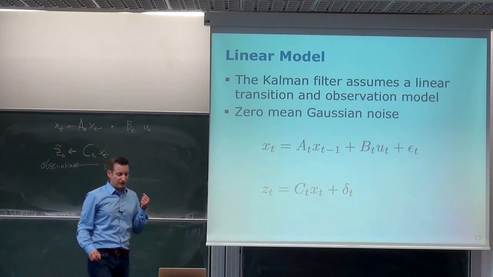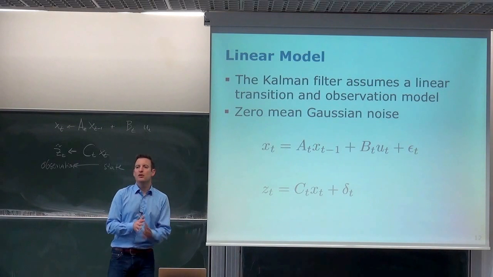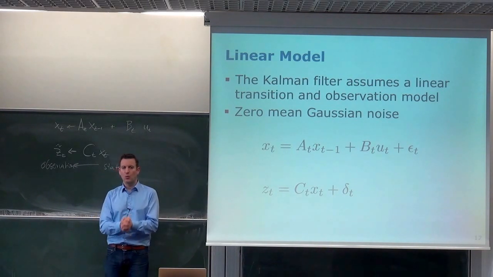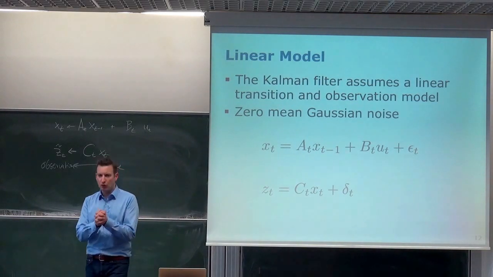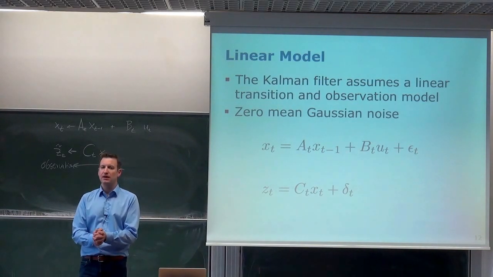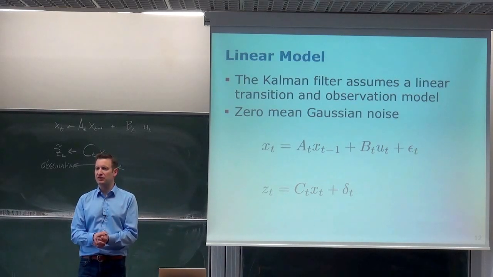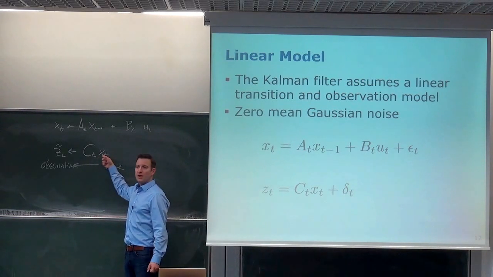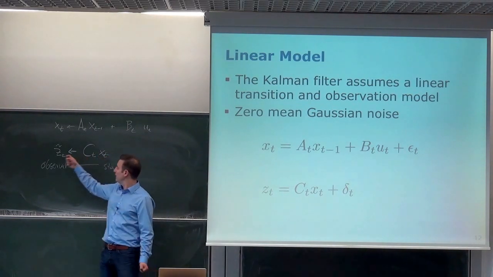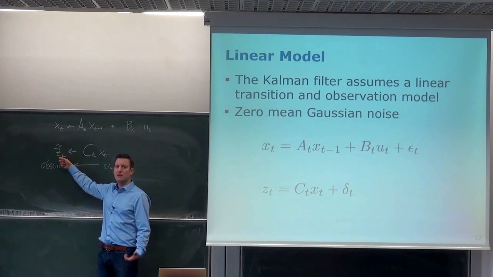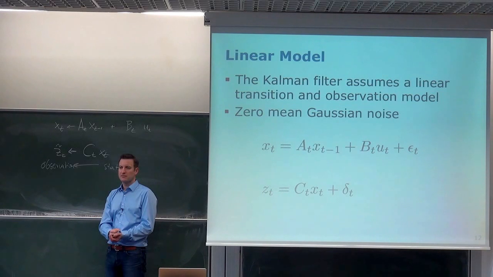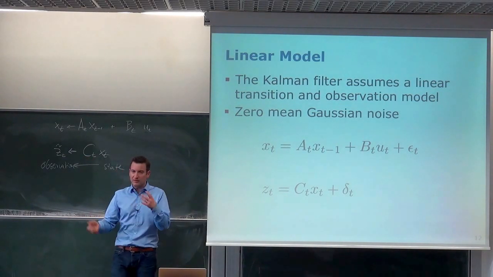And what this function C, or this matrix C, does is compute something called the expected observation. So what would I expect to observe, given I'm in the state x_t? So given I'm in state x_t, what is my expected observation? Kind of my mean observation that I would expect to get if I'm in that state. So this matrix C typically needs to know something about what I'm observing.